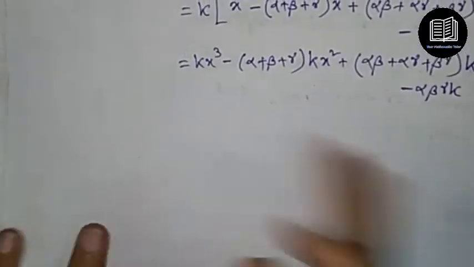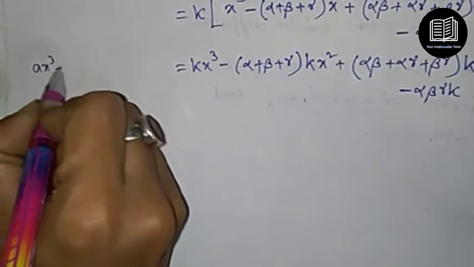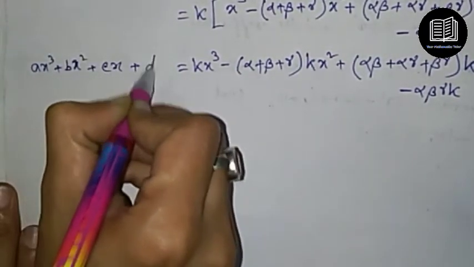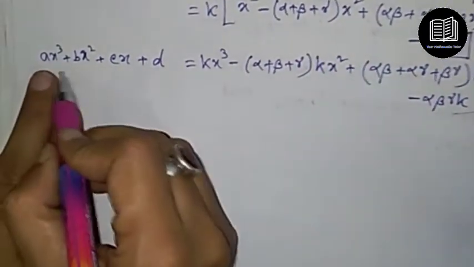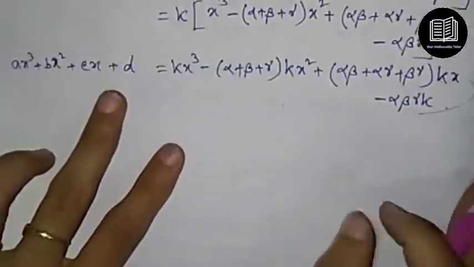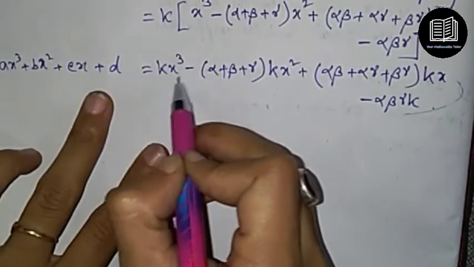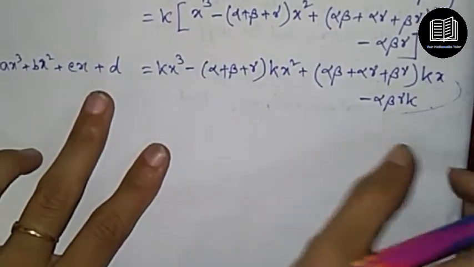Okay. So on the left hand side we have ax cube plus bx square plus cx plus d, and on the right hand side this. Now see, this is a cubic polynomial and this is also a cubic polynomial, since the degree of x is 3.